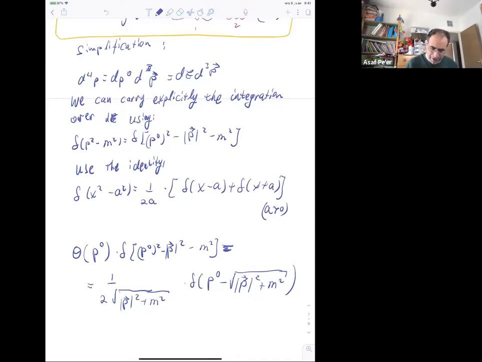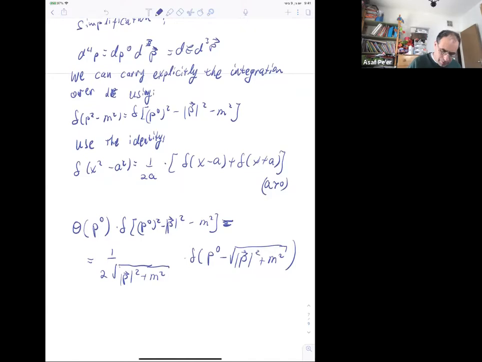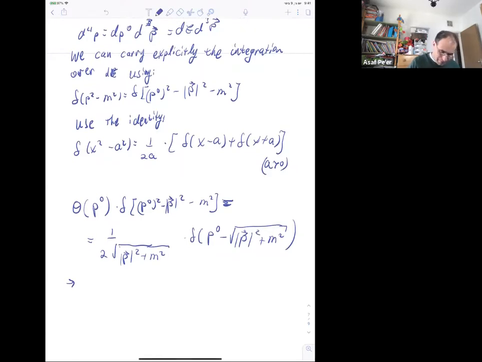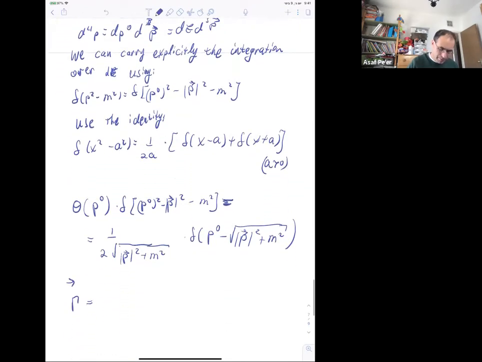So this delta function, now we can cancel with the integral over dp0. Right, so we have now a delta function of p0 and we cancel with the integral of dp0. And we end up writing that gamma, right, is S over 2 m1 integral, m squared times 2 pi to the 4 times delta to the 4 of p1 minus p2 minus pn.